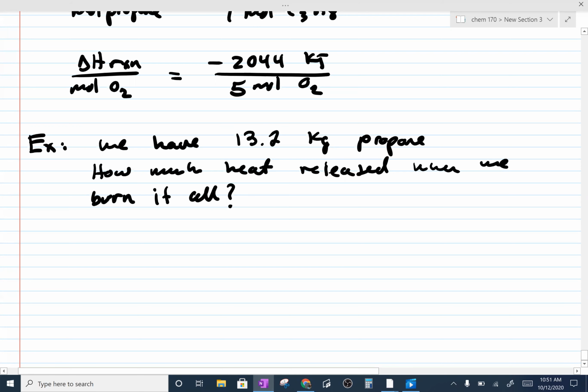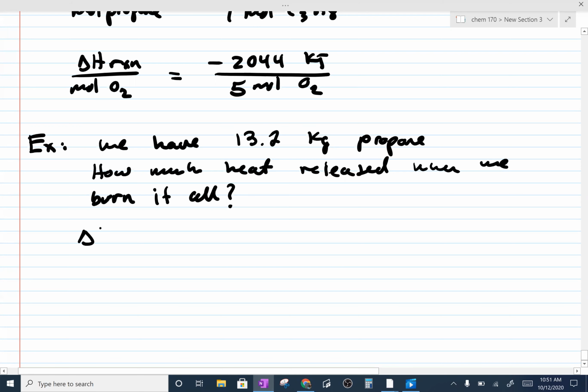And remember, at constant pressure, this is just equal to the delta H. So Q, heat, is equal to delta H at constant pressure. This is a constant pressure reaction. We're not increasing or decreasing the pressure of the surroundings of the atmosphere by burning this stuff. So we can use delta H.